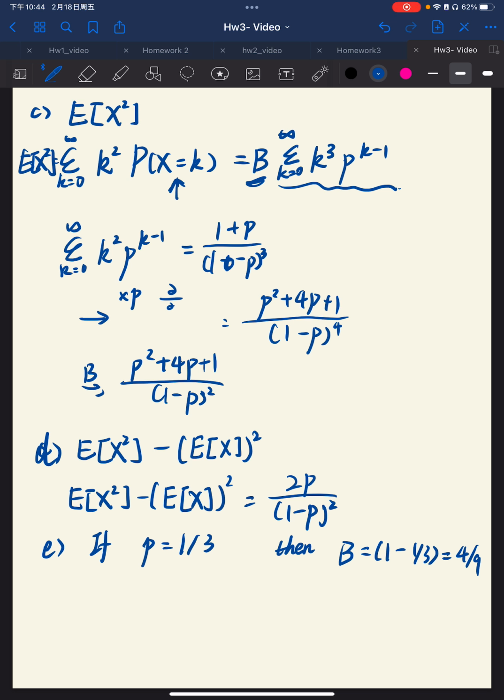And now we are finding the conditional probability that X equals k, given that X is in 2 to 5.